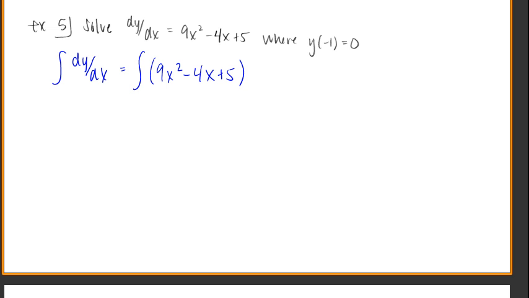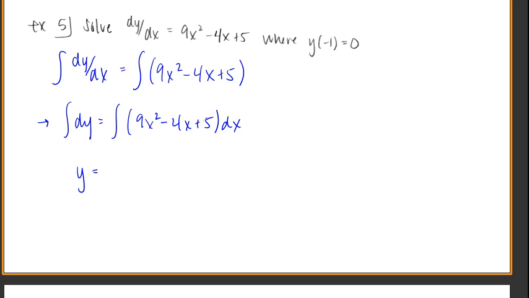Or, if you want to write it in this notation, the integral of dy and then the integral of the 9x squared minus 4x plus 5 dx. And that's the notation we're used to really seeing right there. Well, the integral of dy is just y, and then we're going to take the integral of each of these piece by piece.